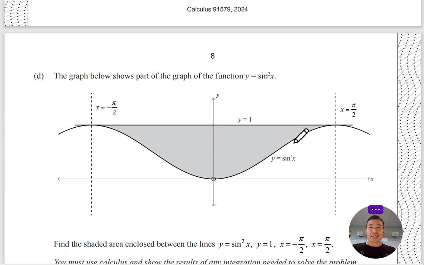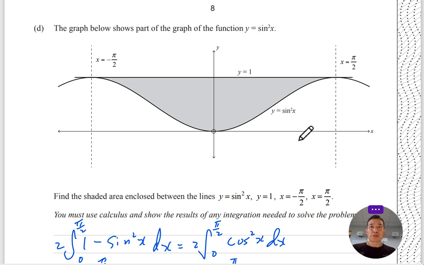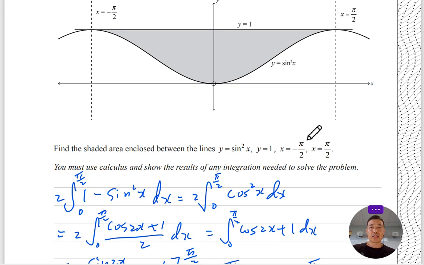All right, next question. The graph below shows part of the graph of the function y equals sine squared x. Find the shaded area enclosed between the lines y equals sine squared x, y equals 1, x is this, and x is that. So you see this is symmetrical. So that means you just find the one part. So I chose 0 to pi over 2, and I double it. It's easier that way.